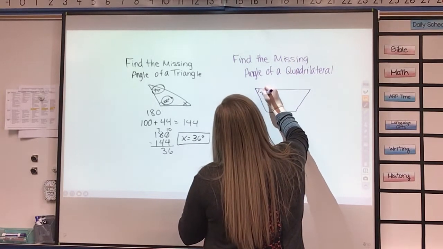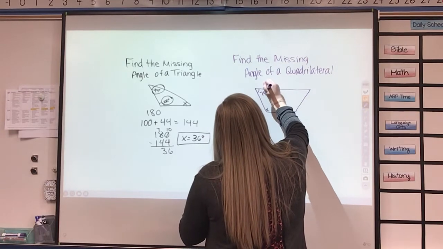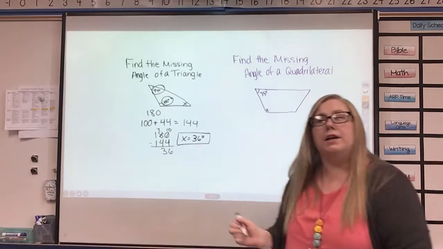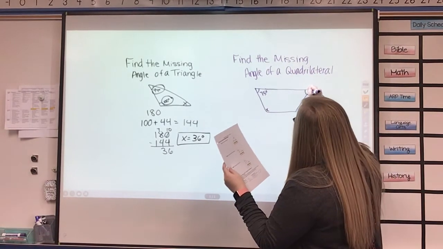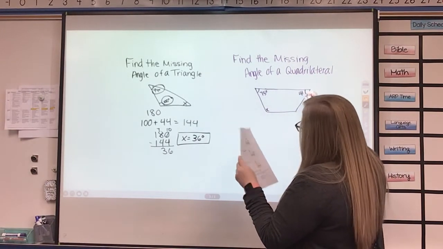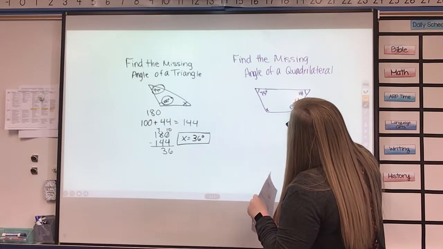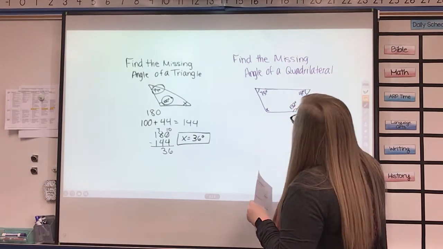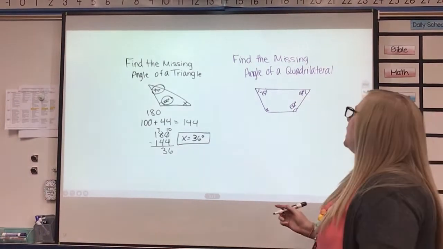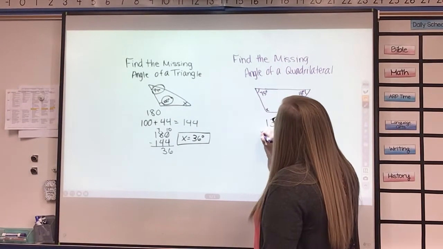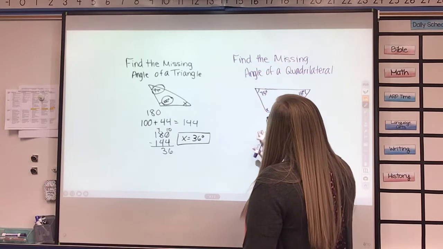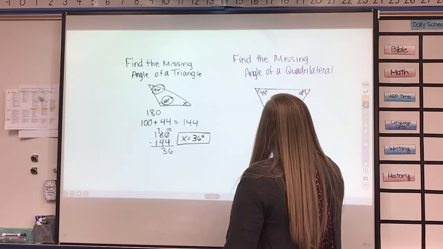This is 75. This is X, and I'm trying to erase my quadrilateral, guys. This is 41, and this is 132. Okay, so I'm going to again add those up. So 132 plus 41 plus 75.